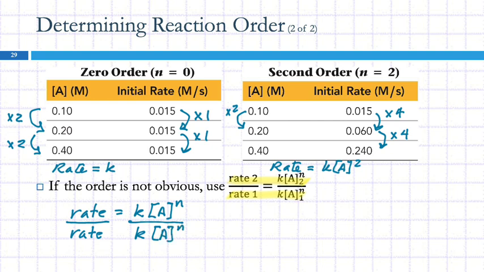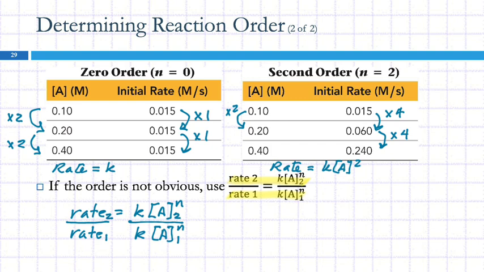N doesn't change, the reaction order is constant, it's the same. And the K doesn't change, but the concentration can change. And so we're just going to do a ratio. So usually we put the second rate first and divide by the first one. And that's just because usually we start with a small concentration and go to a larger concentration. And so when we do rate 2 over rate 1, we get a number that's larger than 1 instead of a small number.